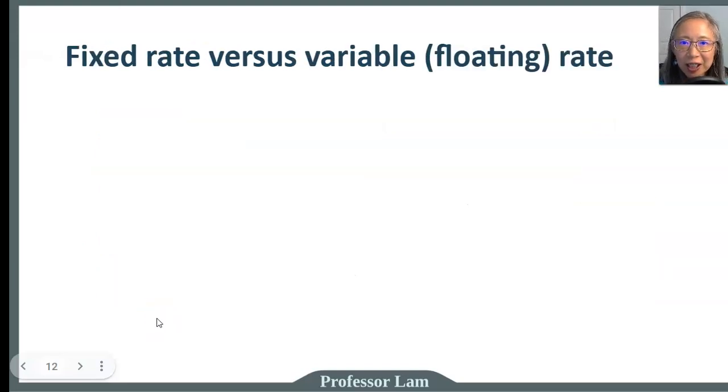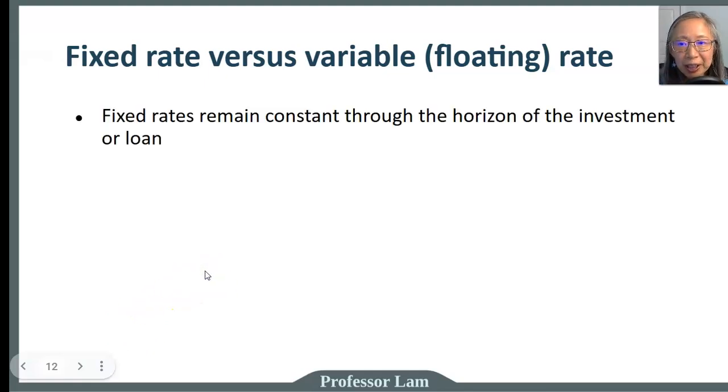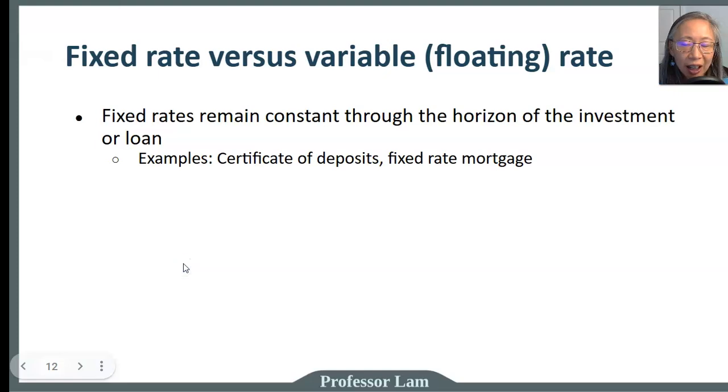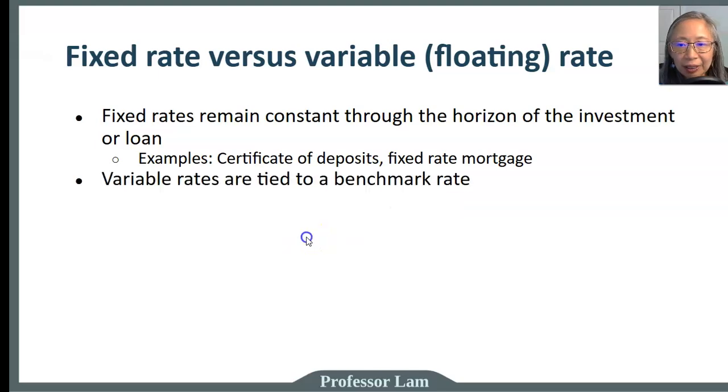Another way to classify interest rate is based on whether they are fixed or if they are variable or floating. Fixed rates means that the interest rate will remain constant throughout the horizon of the investment or the loan. Examples of fixed rate investment include certificates of deposit, fixed rate loan. The most common types are fixed rate mortgage or fixed rate auto loans.